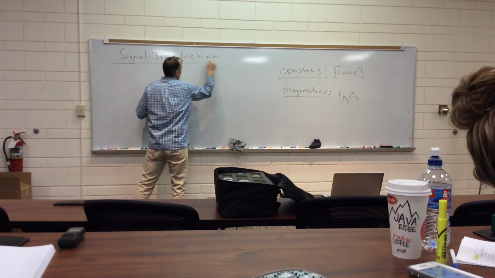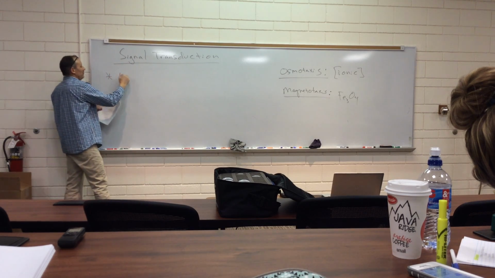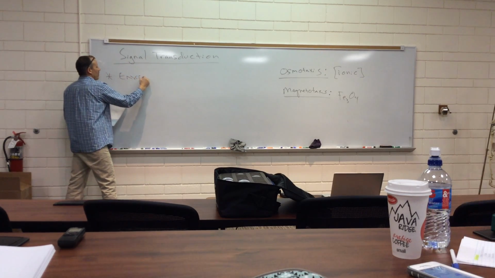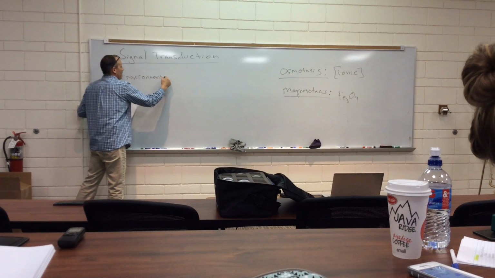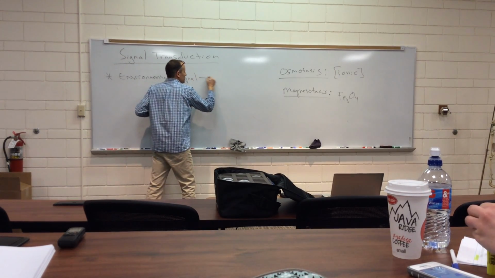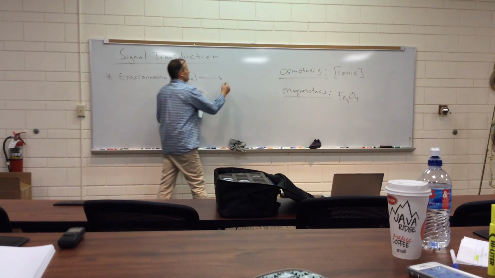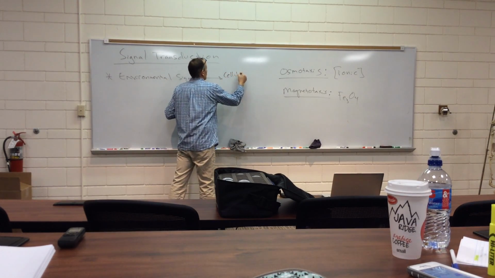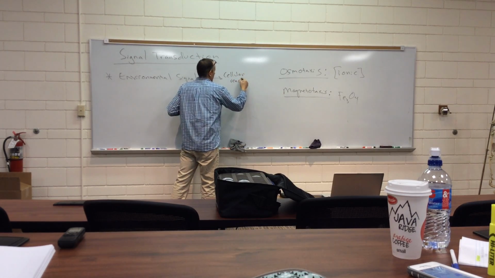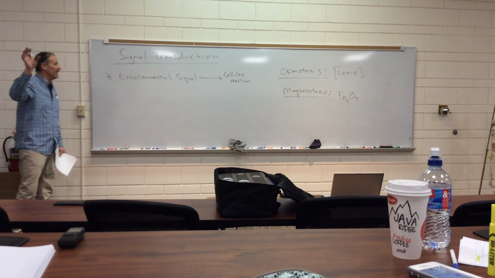And the general basis behind this is that we receive some sort of environmental signal that's transduced through the cell membrane to the inside of the cell. And we end up with some sort of cellular reaction based upon that outside external signal.